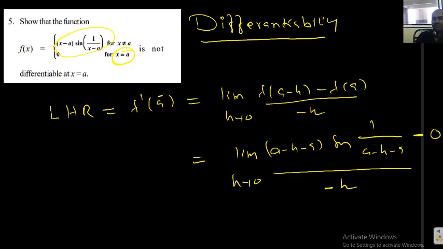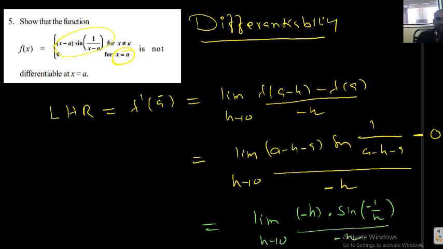What you will get: the limiting value of minus h into sine of minus 1 by h, by minus h, as h tends to 0. So minus h gets cancelled. That equals the limiting value of sine of minus 1 by h as h tends to 0, which does not exist.